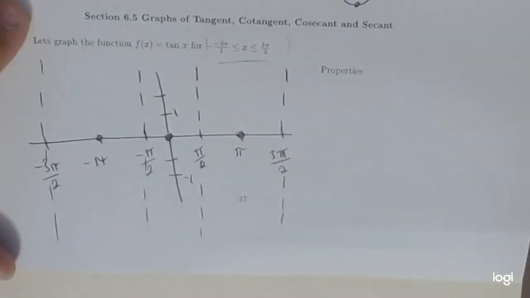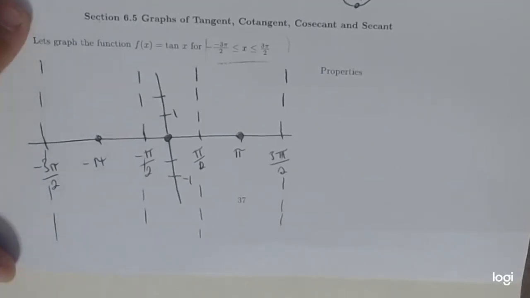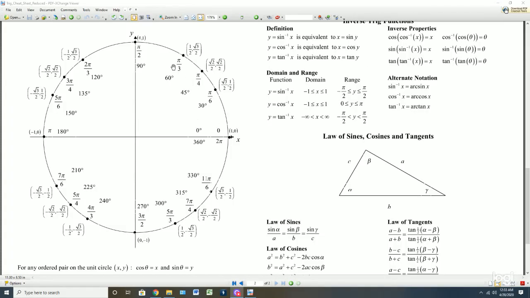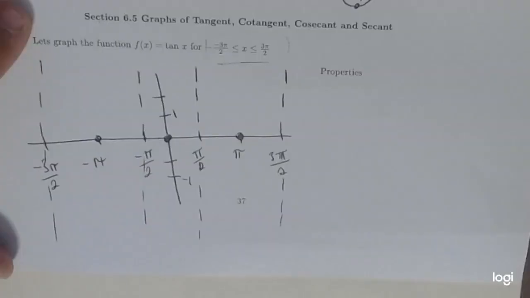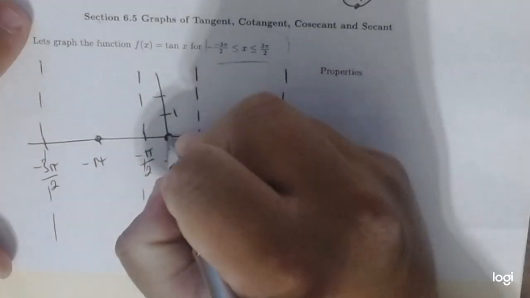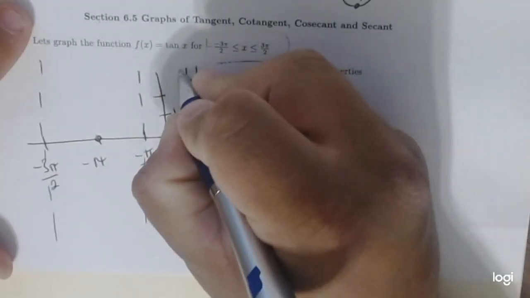So the question is, is tangent just 3 points? Actually, no. If we go from, let's say, 0 to pi over 2, this portion is half a circle. Let's see what's happening. If I just divide these numbers, y over x, y over x, y over x, you get larger and larger and larger, which means on this side it goes up to here, believe it or not.